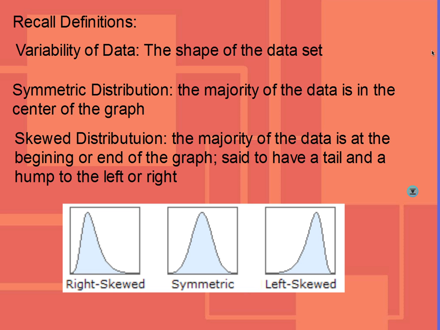So let me show you. If it's a center distribution, most of the data is in the center. Copy those 3 diagrams along with the words left skewed, symmetric, and right skewed.